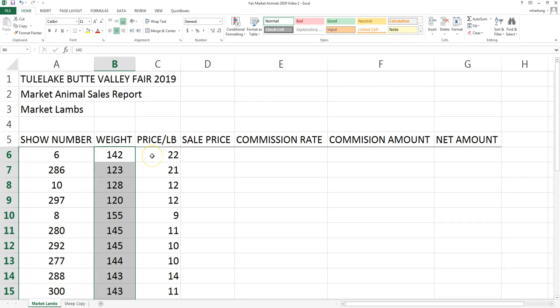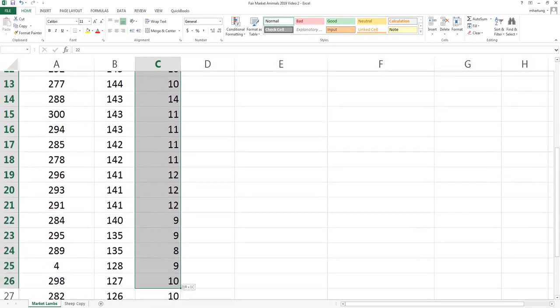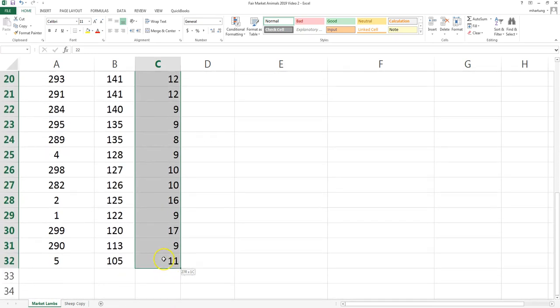And with the price per pound, let's select those. Come up to the number group and choose the $ sign.